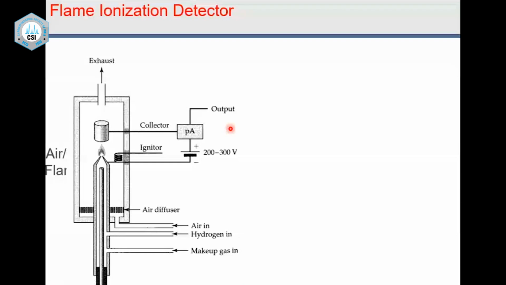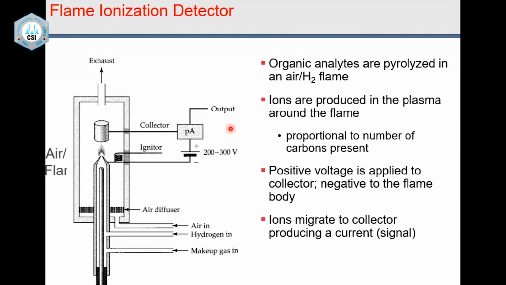It should have both carbon and hydrogen. That is what is very essential. It cannot work with inorganic gases. It cannot work with water, though water has hydrogen, but it doesn't have carbon, so it will not work with water. So it is a good detector for pollution monitoring, air pollution or water pollution, because by itself it doesn't give any signal for those compounds. So this is what I have already explained.